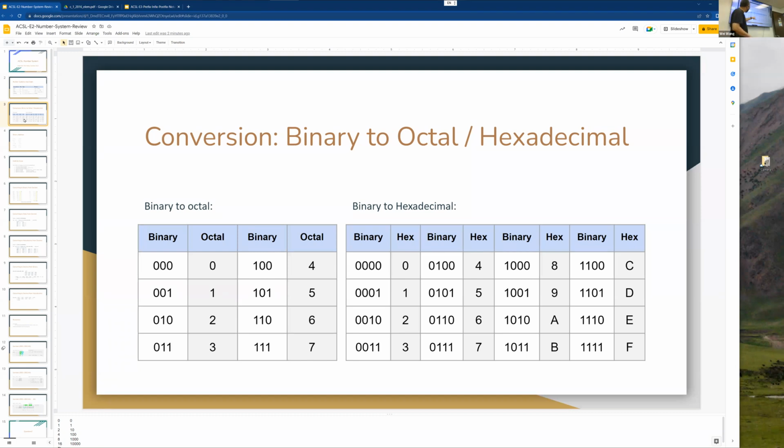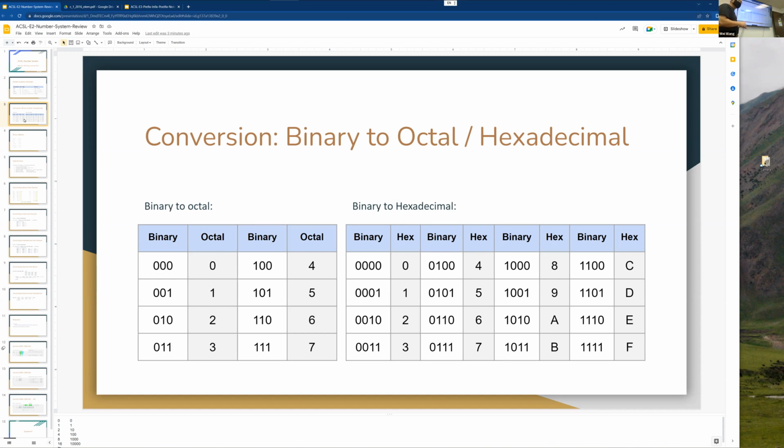Because if you don't have any more digits to the left, the leading zeros don't matter in any number system.